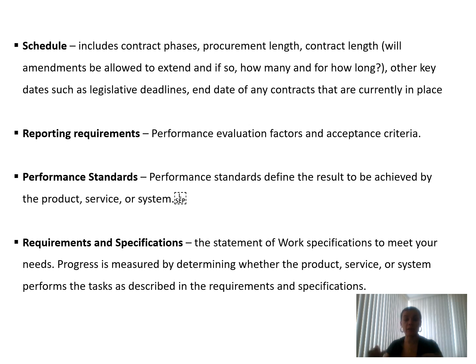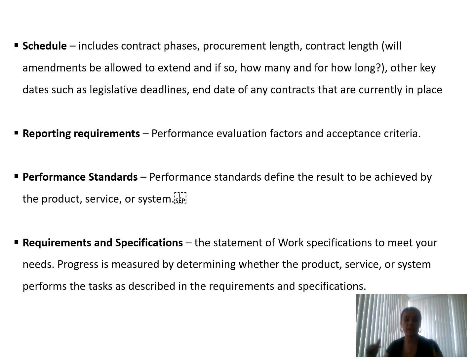The reporting requirements include monthly performance evaluation factors and the acceptance criteria. So what will be validated to accept that the product was delivered as required and the service was performed as required.